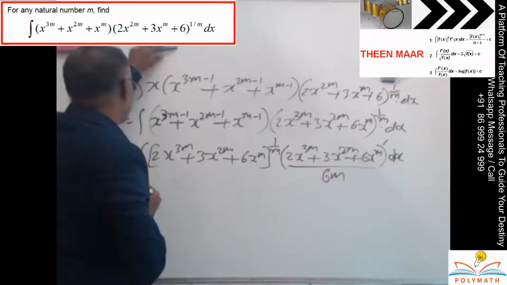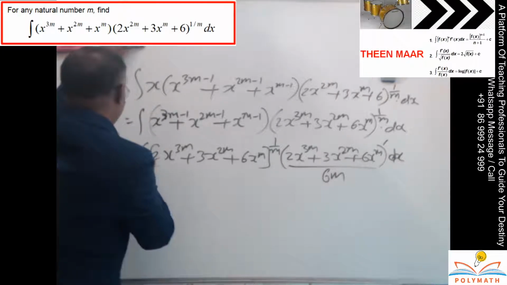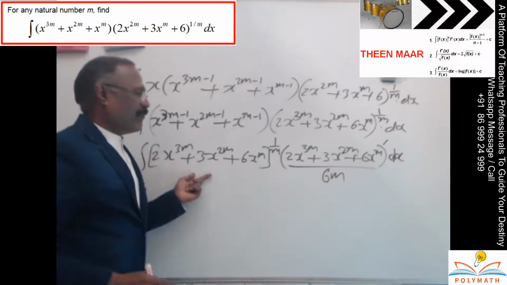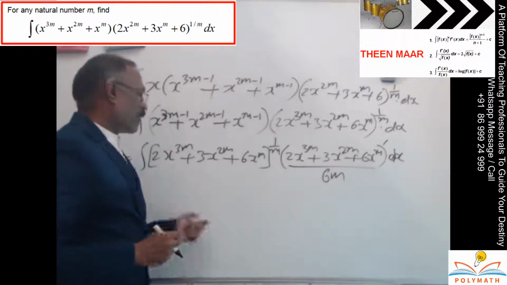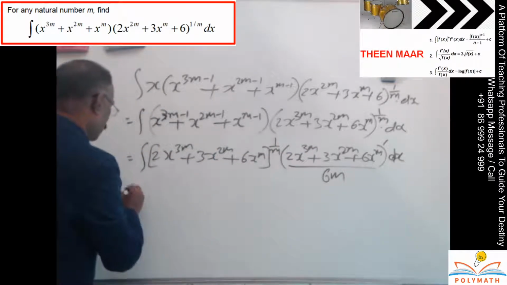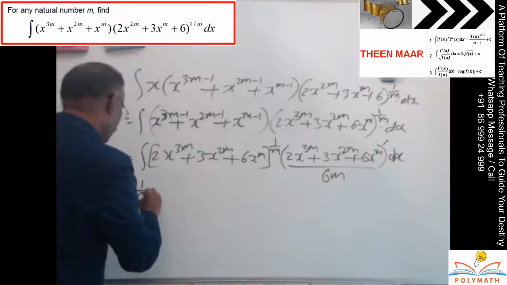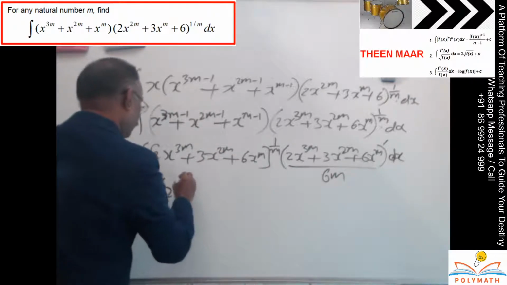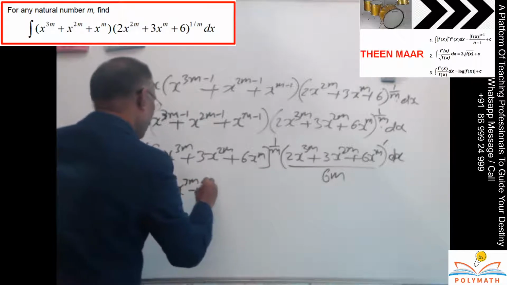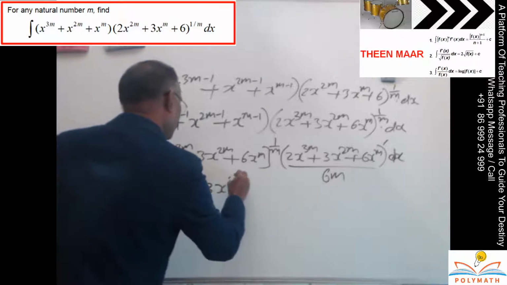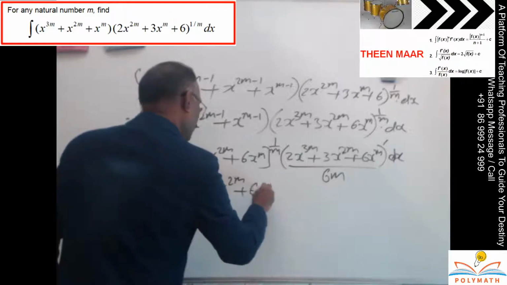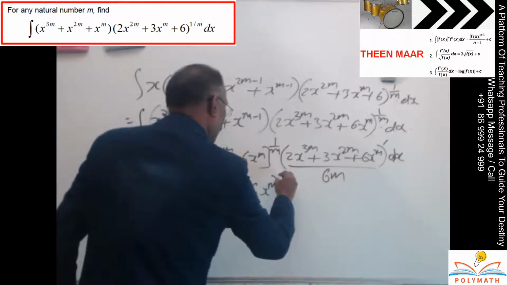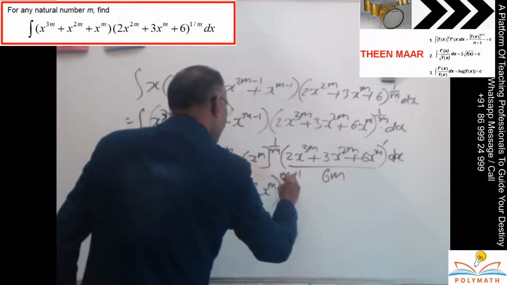So what form are you getting now? It is type 3: [f(x)]^n into f'(x). So it is 1 by 6m into (2x^(3m) + 3x^(2m) + 6x^m) to the power (m+1)/m.